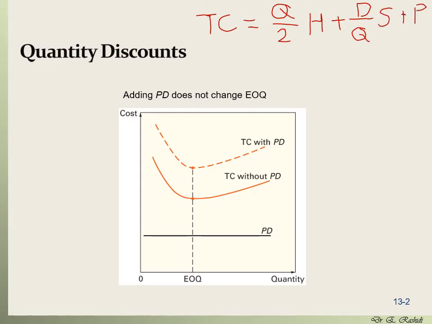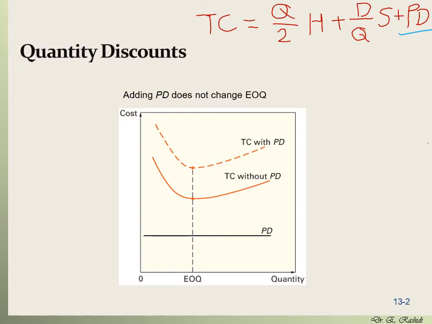The last component is the purchase cost. The purchase cost is price multiplied by how many you order cumulatively. So in a whole year, we're going to have to order as much as the demand. So that's going to be the demand multiplied by the price. This last component is just the purchasing cost.